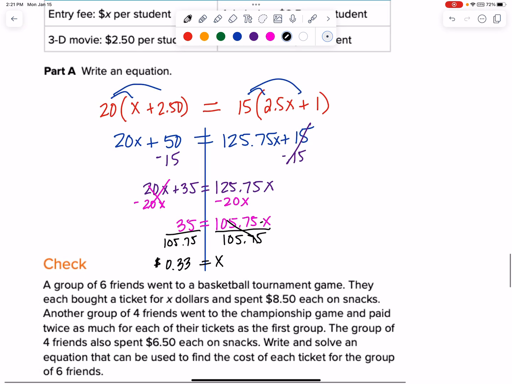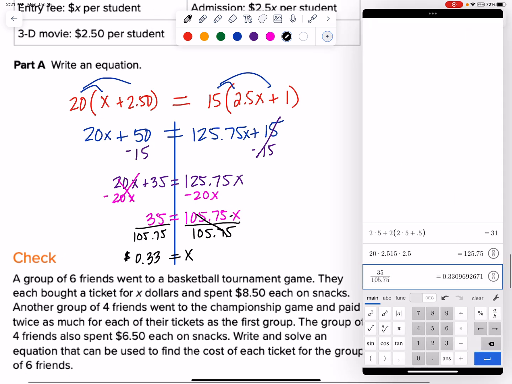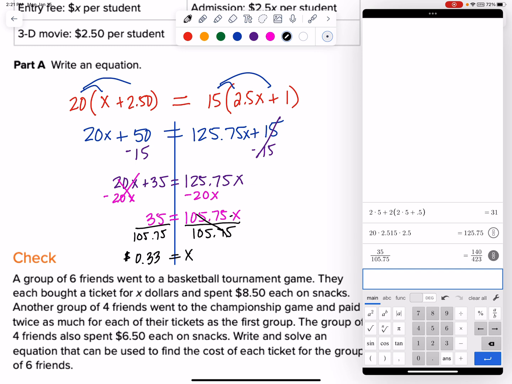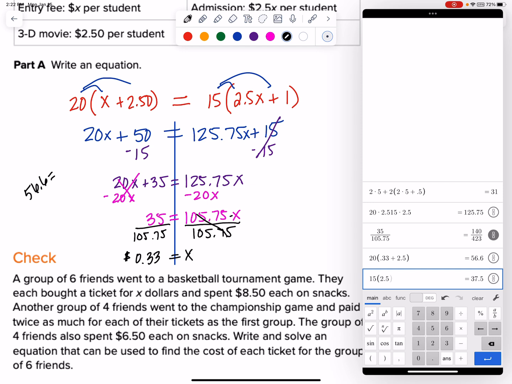All right, so let's go ahead and look through here. I mean, I guess I could just test it out and see what happens here. So if we do 20 times the quantity of 33 cents plus 250, it says the one side is 56.6 and the other side 15 times the quantity of 2.5 times 33 cents a ticket.